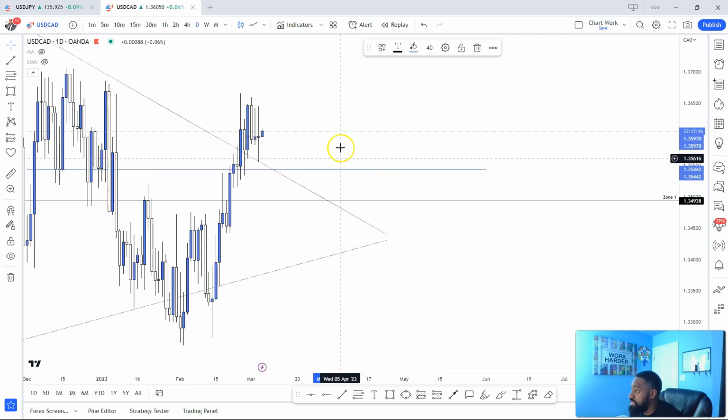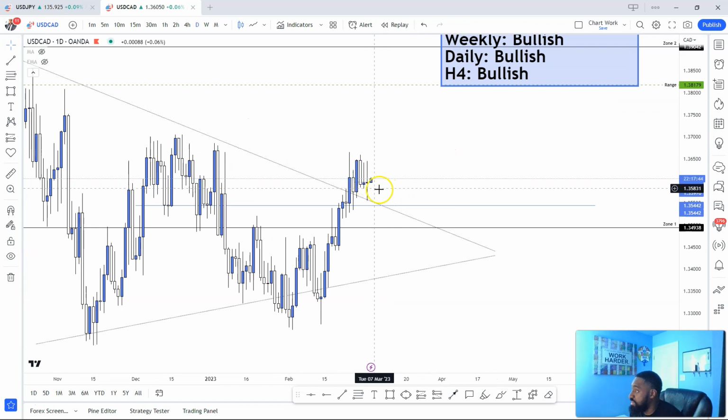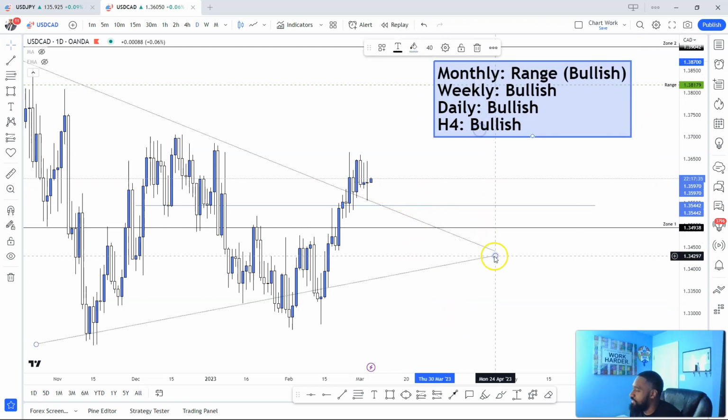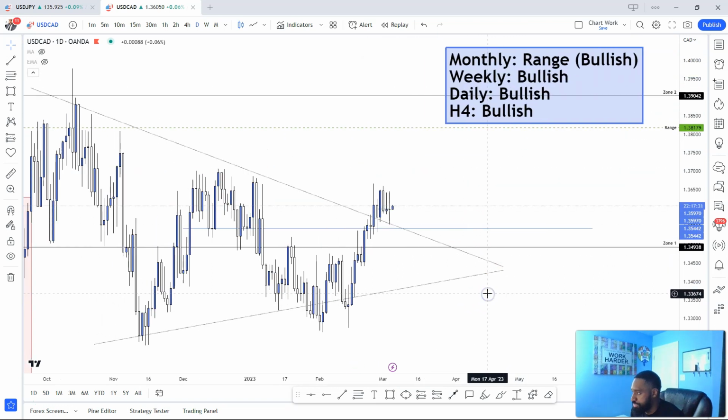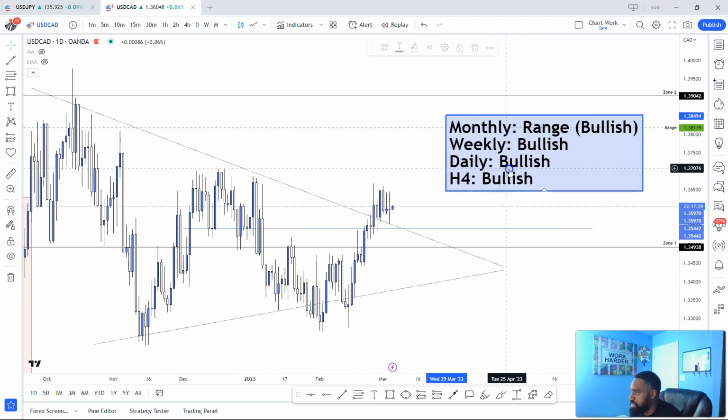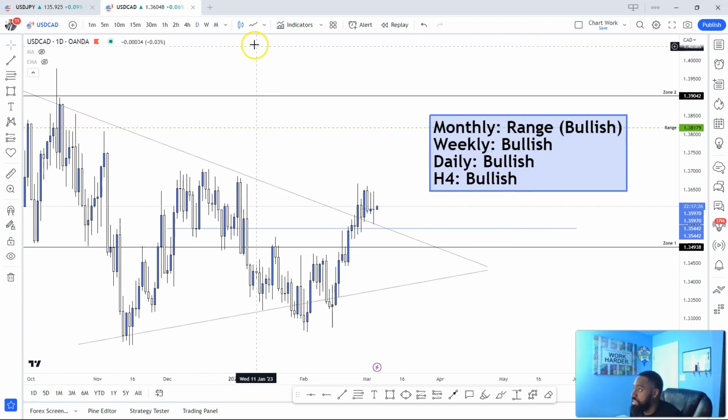But see this doji right here? Price potentially could keep going down. Well, it could come back down to test newfound support to pop back up, and that's what I feel like we're going for. But you got to trade what you see, not what you think, right? That's what we do. So daily bullish.